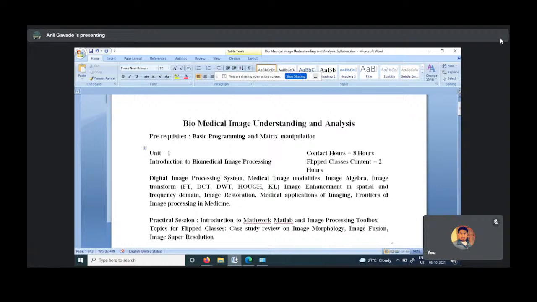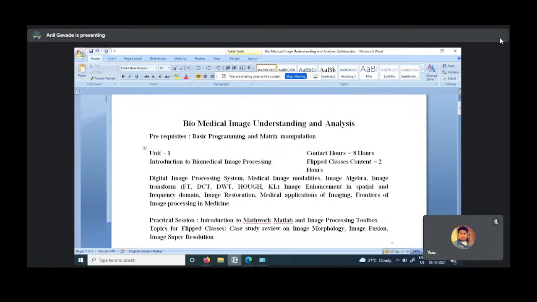A doctor or clinician will have a tool which can assist them to increase their screening speed. Okay, so I'll give you the overview of this syllabus.